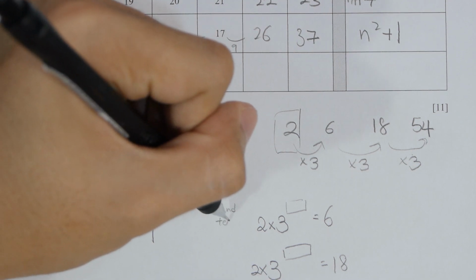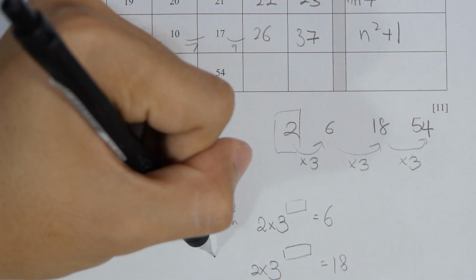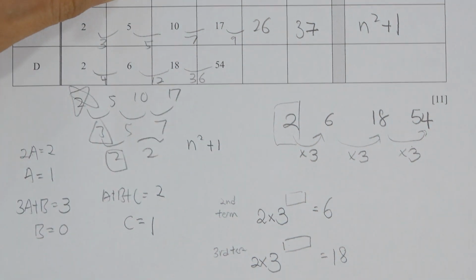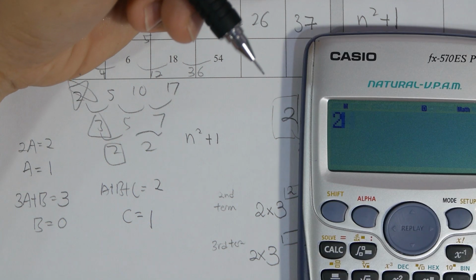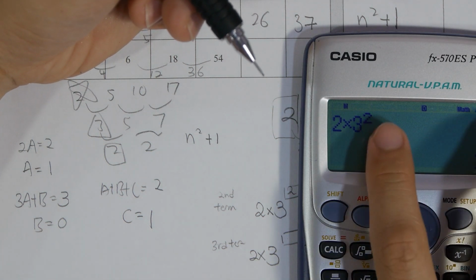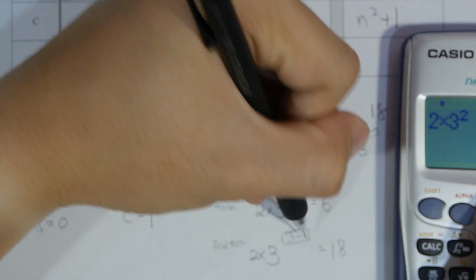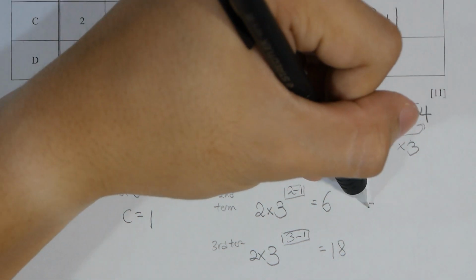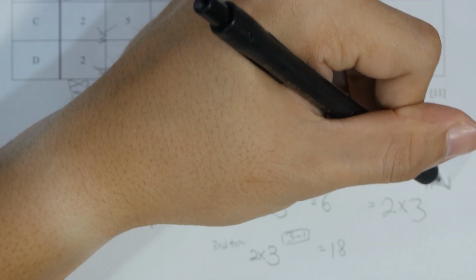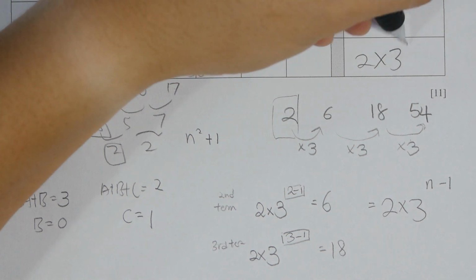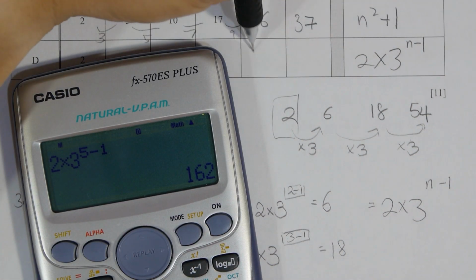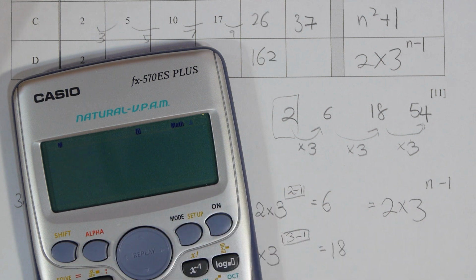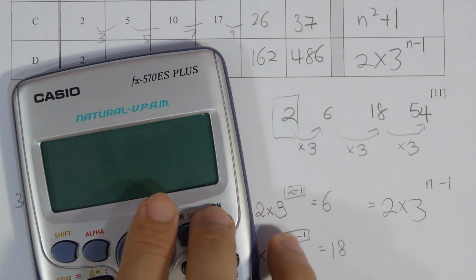Then I run the calculation, 2 times 3 equals 6. Then I try it again, 2 times 3 squared for the third term, 3 minus 1, so 2 times 9 equals 18. Hence, I'm able to prove that the nth term for D is 2 times 3 to the power of n minus 1. So you run the calculation for the fifth term and sixth term, and then you should be able to solve this question.